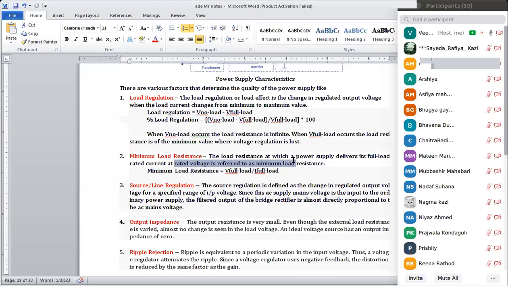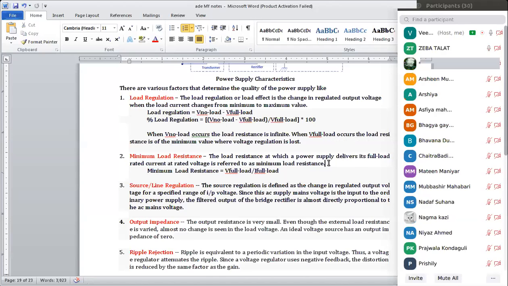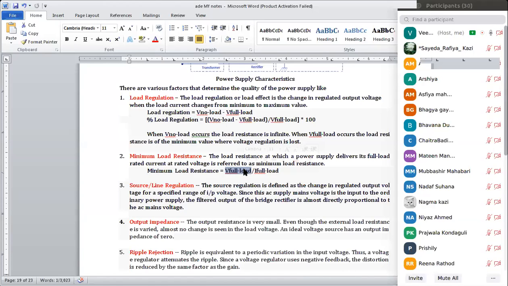This is referred to as minimum load resistance. It means when I get a full voltage at the output side, I have a minimum load resistance.